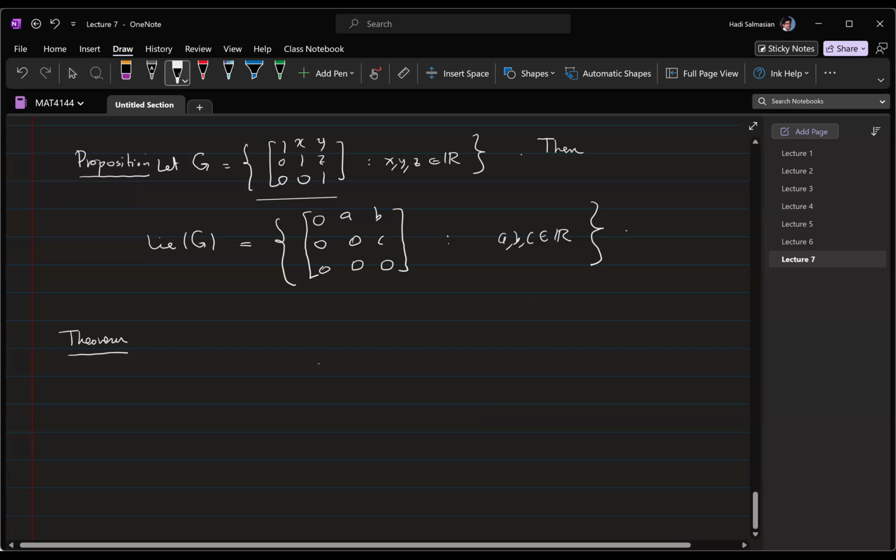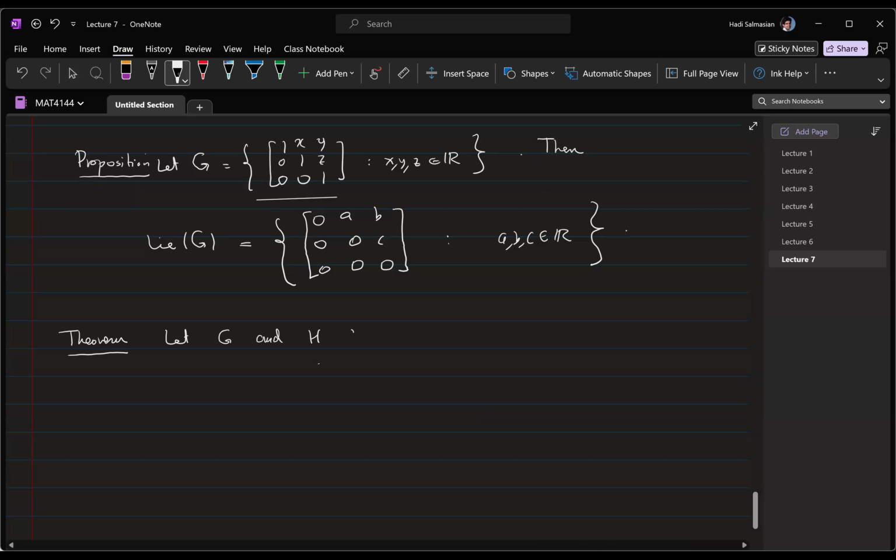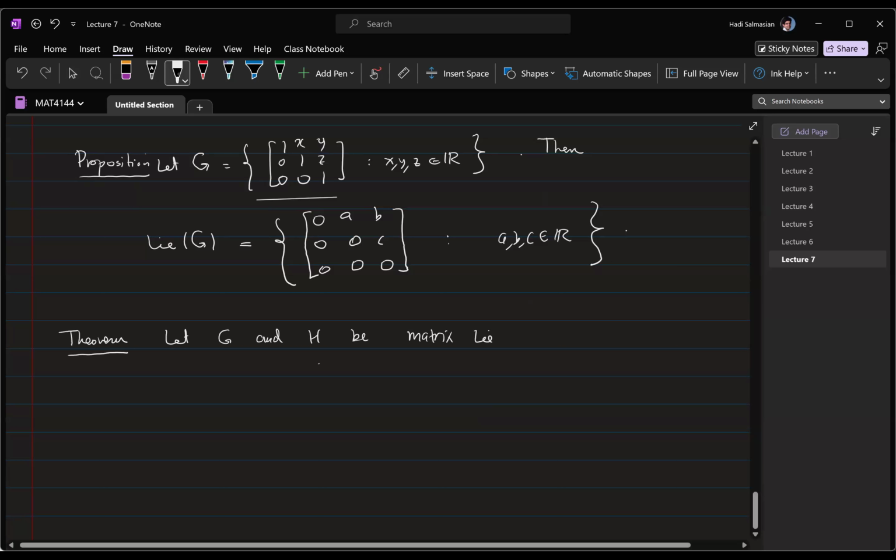Let G and H be matrix Lie groups, and let capital phi going from G to H be a Lie group homomorphism, which means a group homomorphism which is continuous.